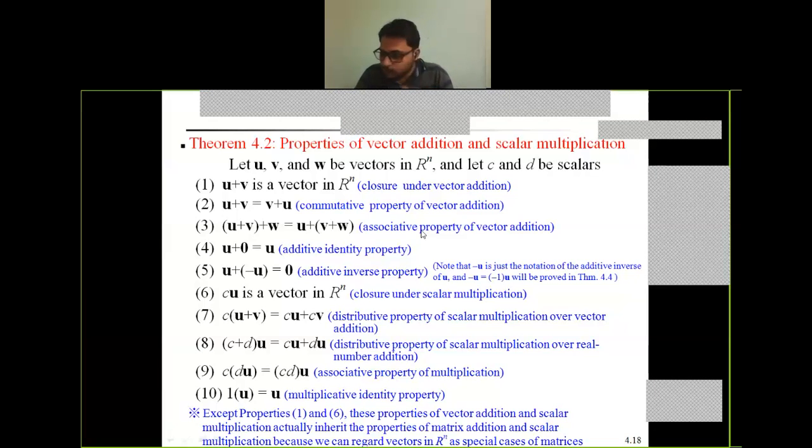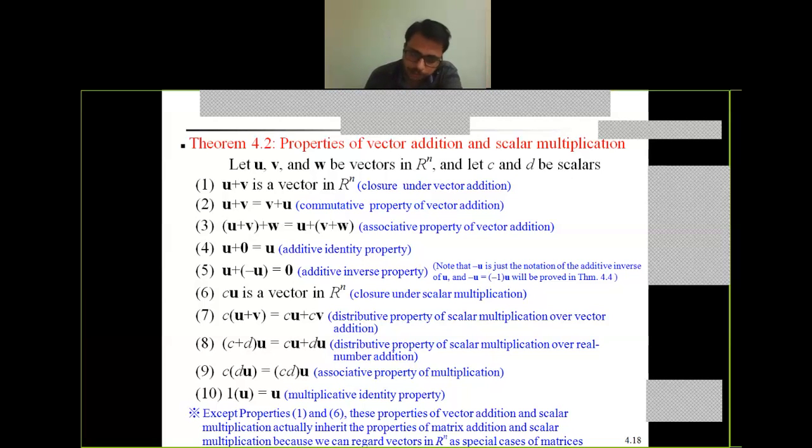These are some properties of vector addition and scalar multiplication. So on this slide we have completed 90% of the definition of our vector space. If this slide is understood completely, then vector space will be understood in much detail.